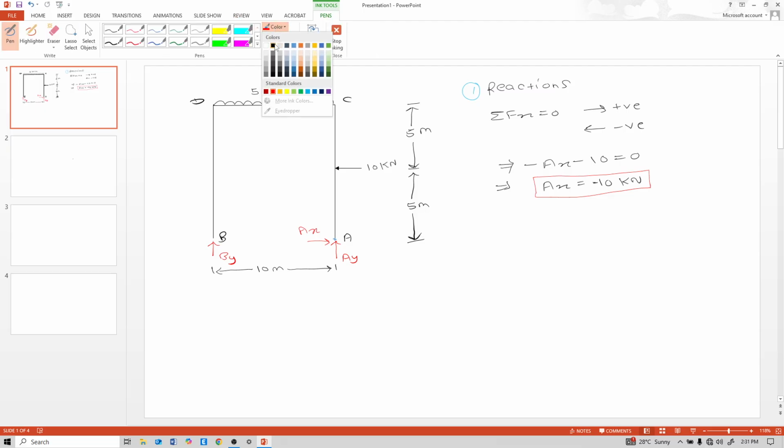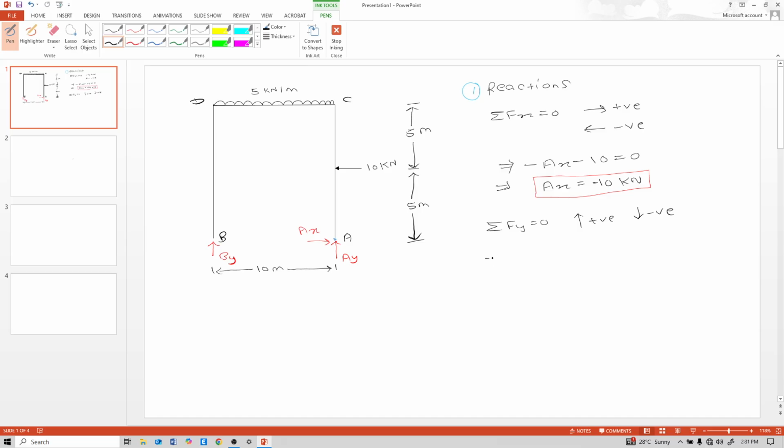Again calculate summation of forces in y direction equal to 0 and consider vertical force as positive and downward force as negative. So see the whole structure and see vertical forces. See, this By and Ay are vertical forces and this 5 kilonewton per meter UDL is a downward force.